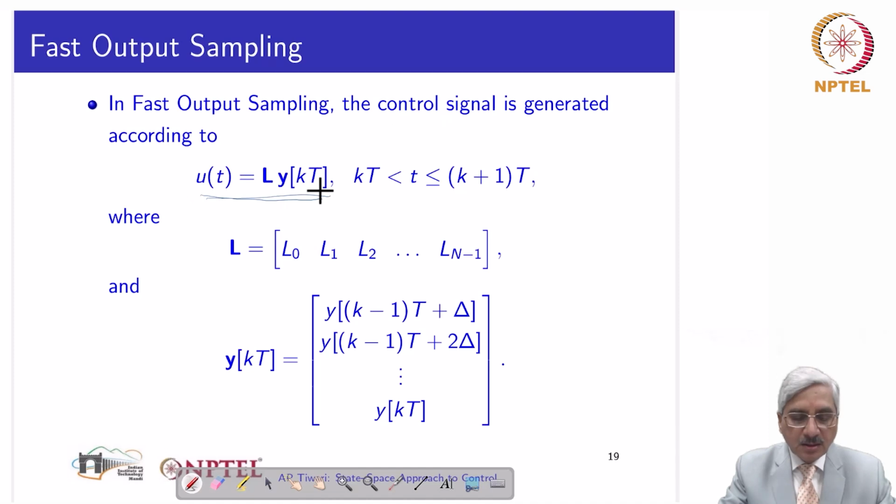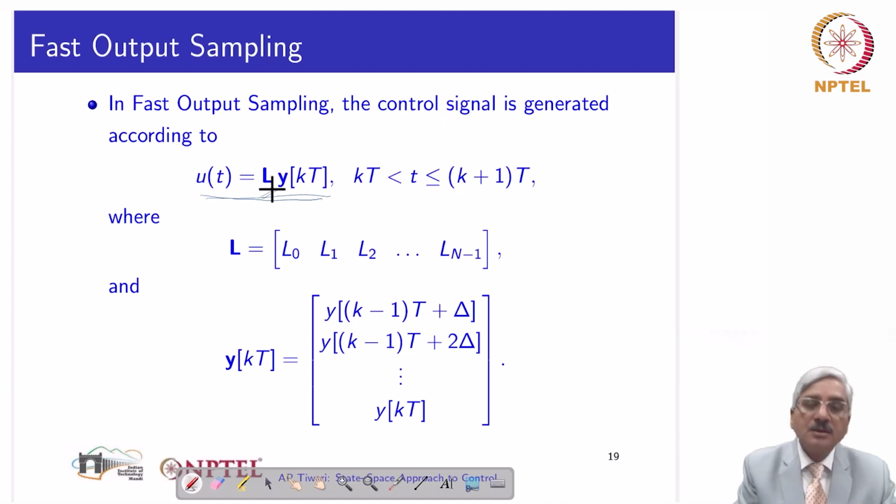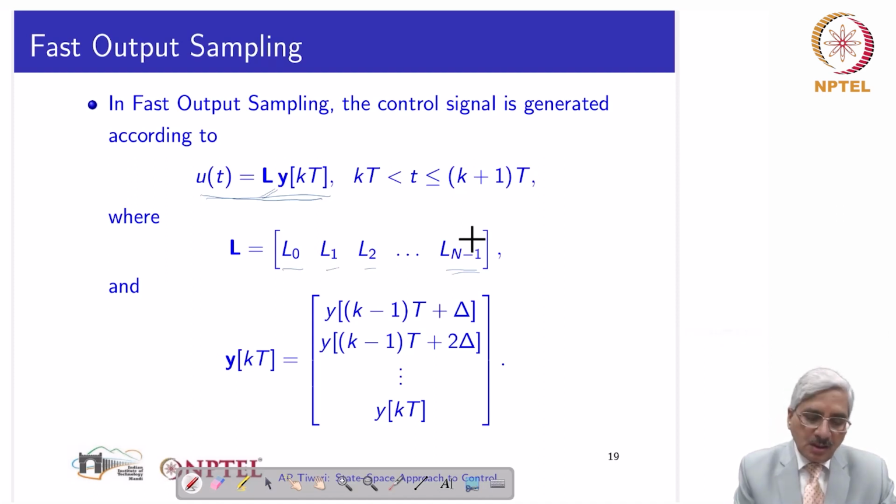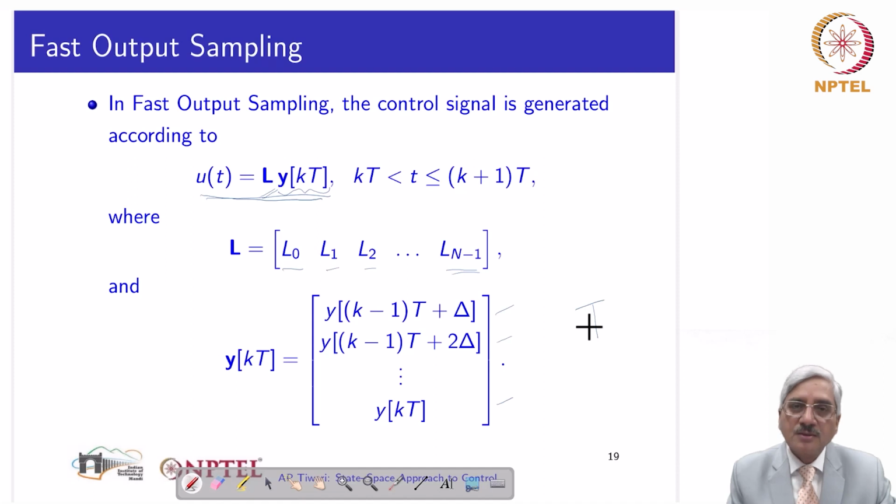Boldface L is the set L0, L1, L2, up to Ln minus 1: N gain matrices in case of multi-input, multi-output systems, multiplied by these samples of output collected in one sampling interval T at regularly spaced subintervals delta.